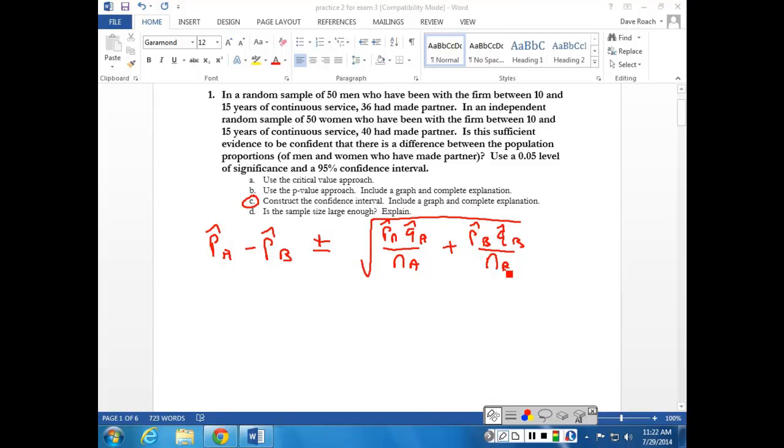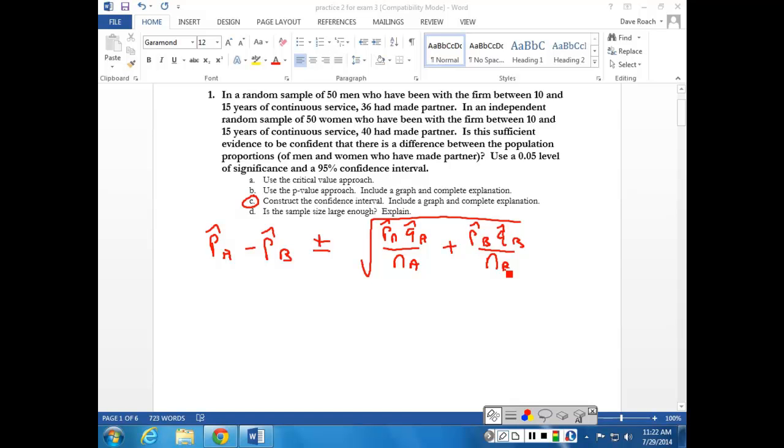I'm going to leave it as is for this, but it would be okay to switch which one's A and which one's B. That would allow you to deal with a positive number for the proportion. I'll leave it like it is for now, but that would be okay too, to say that women are A and men are B.